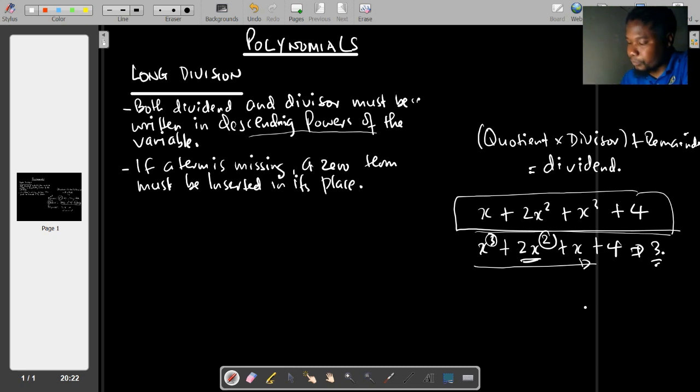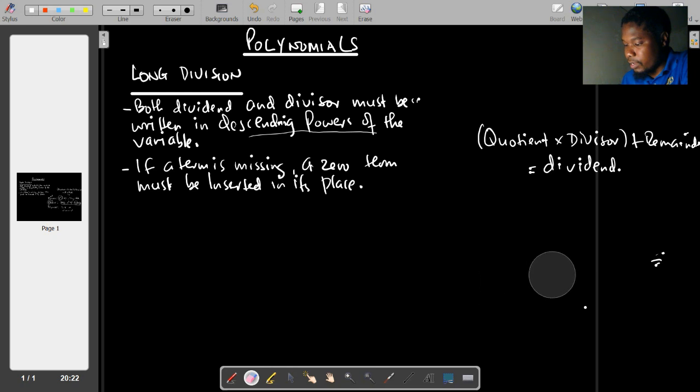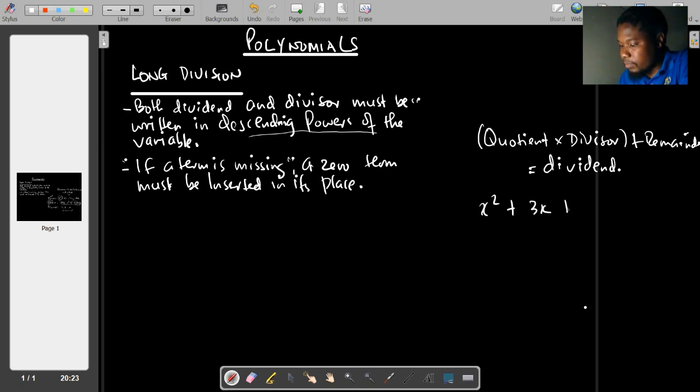Now the next thing we have to look at here is a rule. If a term is missing, a 0 term must be inserted in its place. Let me give an example. Let me start with this one: x to the power 4 plus 2x plus 4.